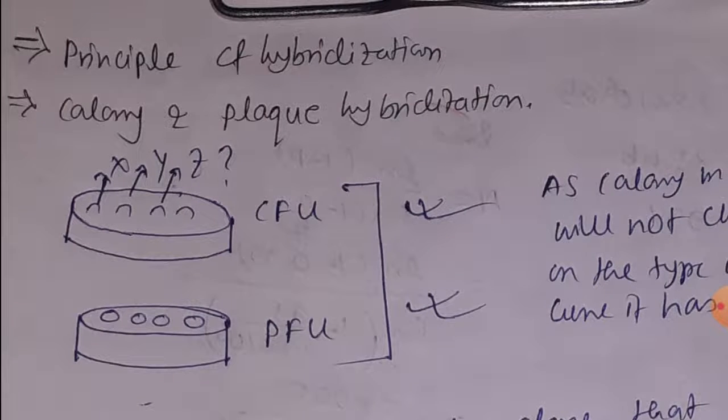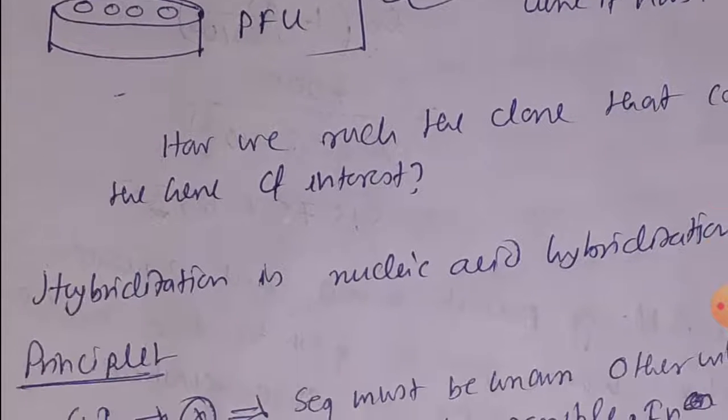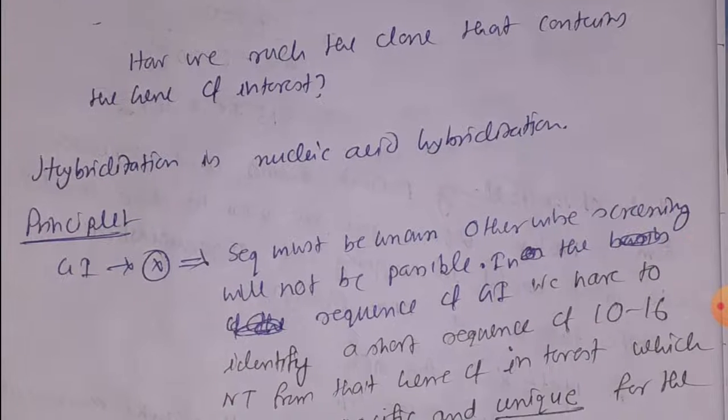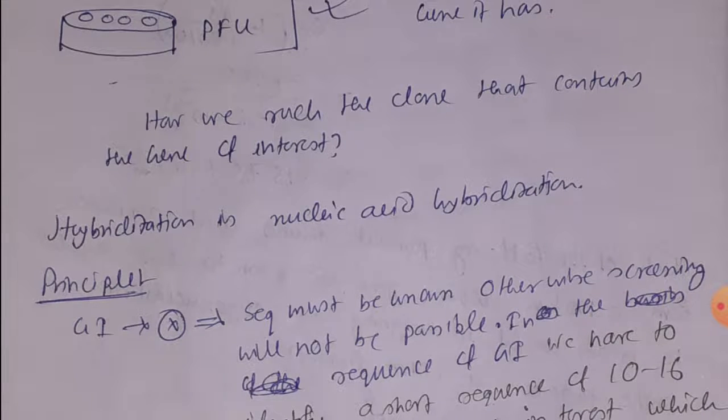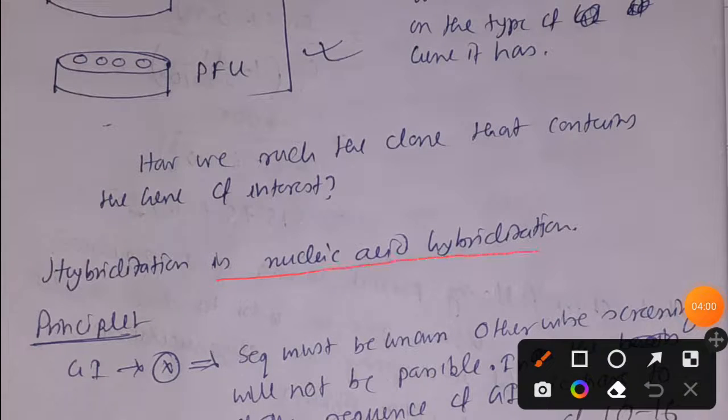Similarly, take colony and plaque hybridization as your librarian. The main principle by which we can find our gene of interest with the help of our librarian, colony and plaque hybridization, is nucleic acid hybridization.